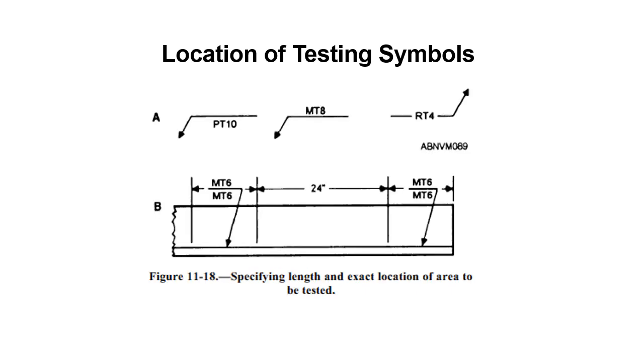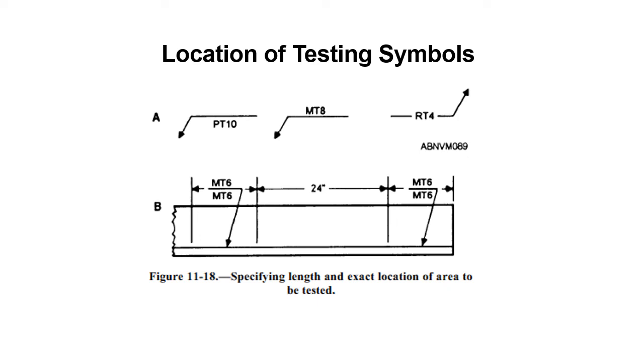Here's a location of testing symbols. You can see that you can specify the length and exact location of area to be tested. So, on B there, they want MT6 done on both sides of that weld. I'm assuming it's a flange or a girder of some type, and there's fillet welds on both sides.